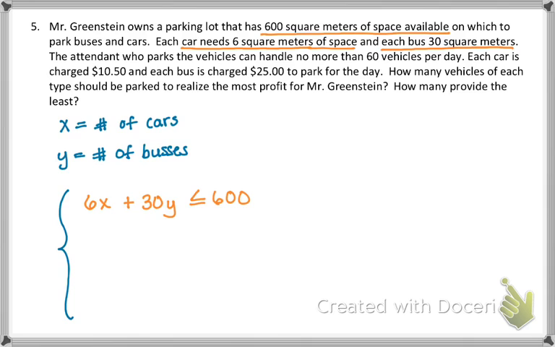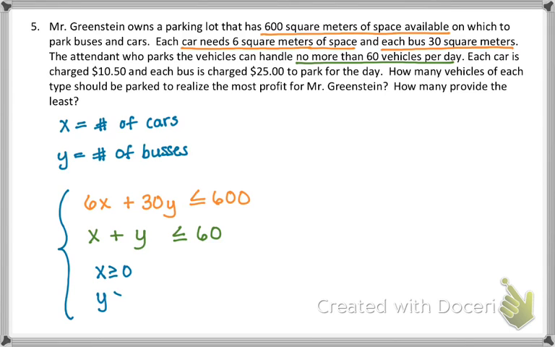Second constraint, looks like the attendant who parks the vehicle can handle no more than 60 total vehicles a day. So I can only have 60 cars or buses a day. So x plus y, number of cars and buses, total vehicles, has to be less than or equal to 60. Okay, and then we're going to add in our common sense constraints.